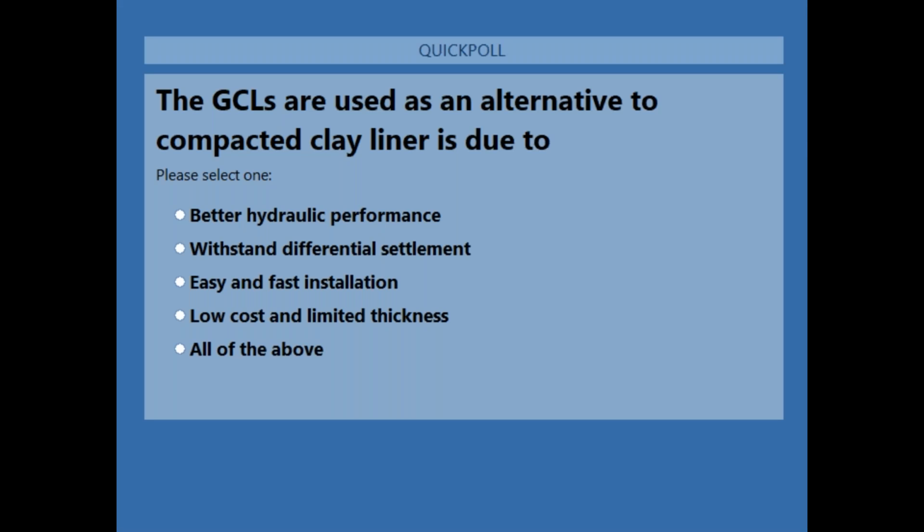The question is: GCLs are used as an alternative to compacted clay liner due to. The options are better hydraulic performance, withstand differential settlement, easy and fast installation, low cost and limited thickness, all of the above. Already we received around 40% of voting. 30 seconds passed.